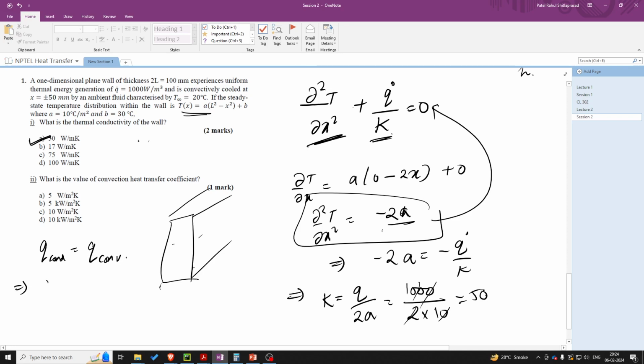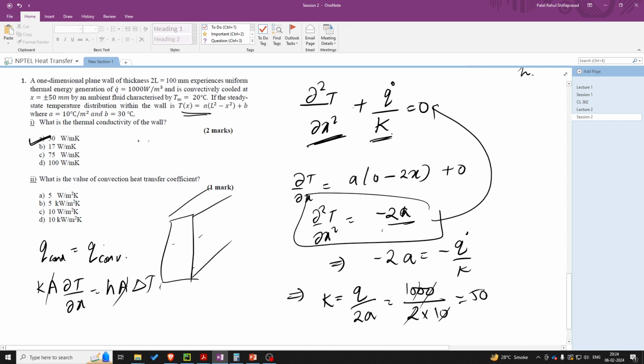So it will become k A del T by del x is equal to h A delta T. This A gets cancelled out.